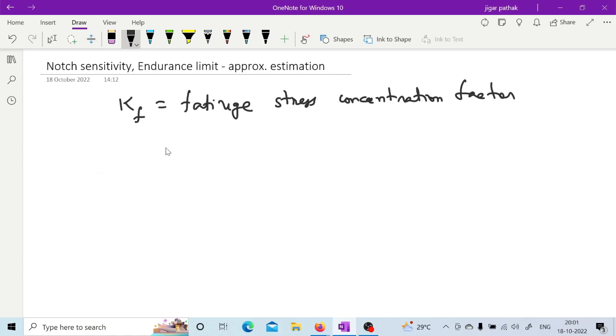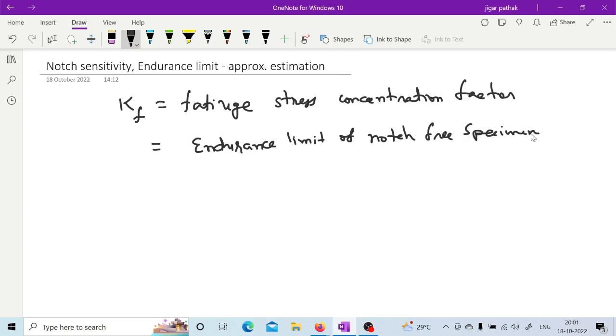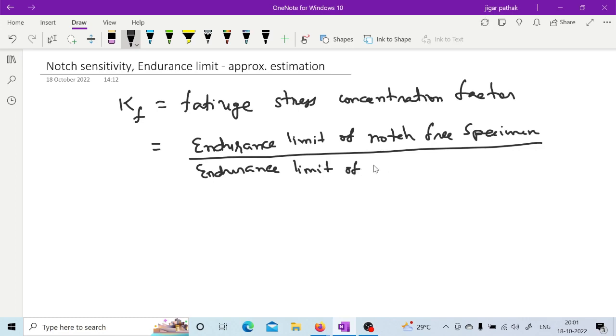How we calculate it: it is the ratio of the endurance limit of the notch-free specimen to the endurance limit of the notched specimen.